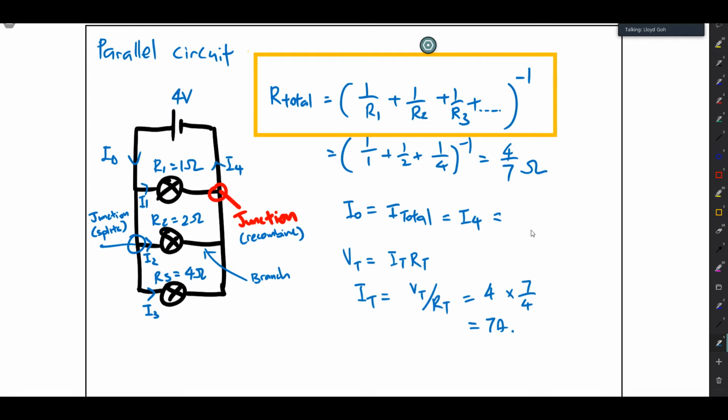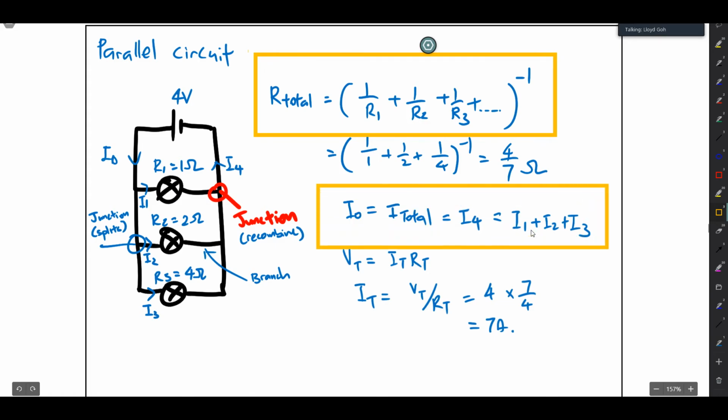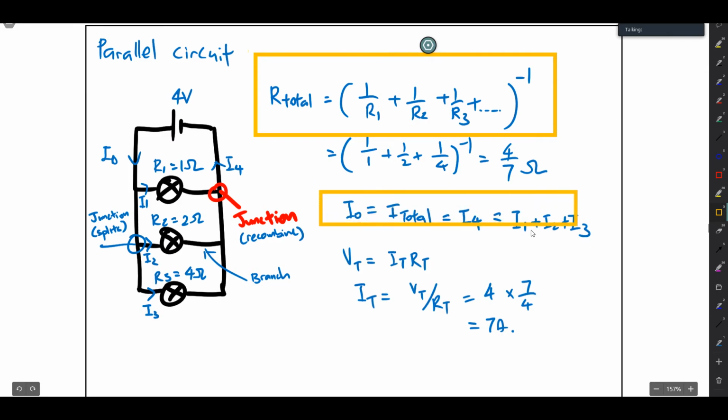Another way to get I total is to add up the current in every branch. So this equals I1 plus I2 plus I3. This is another characteristic of a parallel circuit that you need to memorize or understand. The rest are just calculation, but the concepts I boxed in the yellow box.